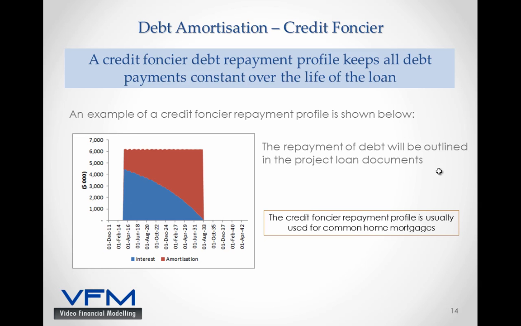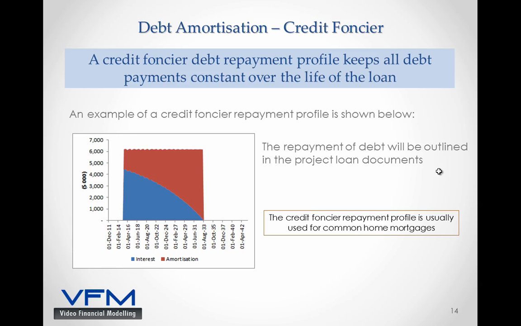Now, debt amortization using a credit foncier profile keeps all debt payments constant over the life of the loan. One good way to think about a credit foncier, I know it's a fancy name, is that it is basically a house loan.